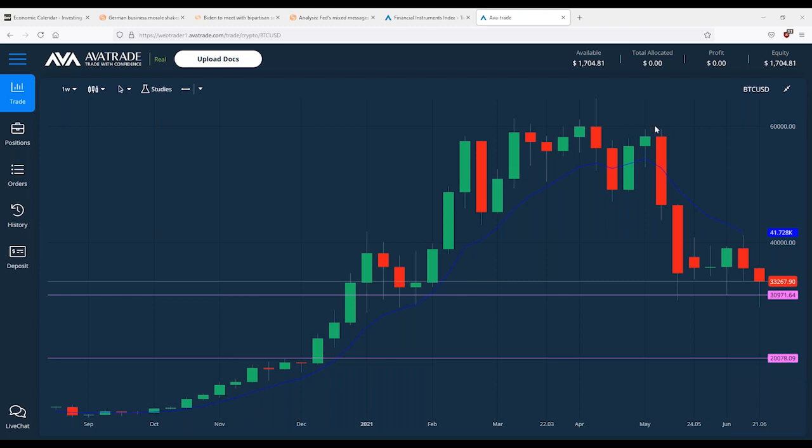Now look at the amount of momentum on the way down. It's potentially possible Bitcoin could come down and try to test 20,000 down here. I'm not saying it has to do that. Maybe it goes back up to 60, right?